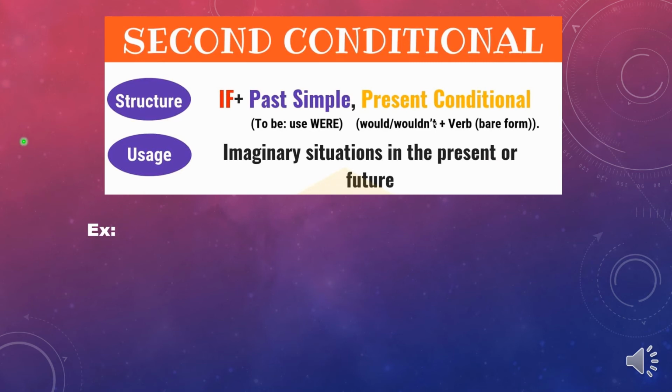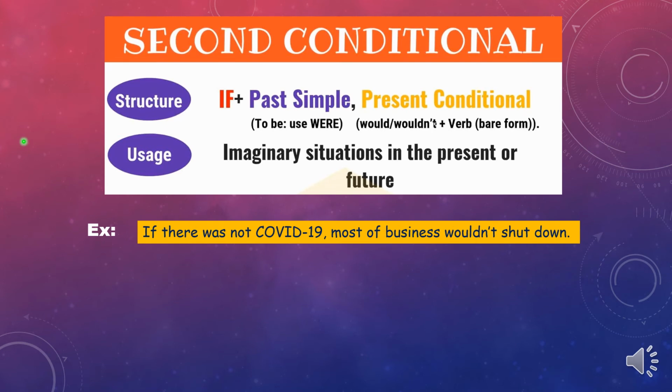So let's analyze each example. The first one is, if there was not COVID-19, most of business wouldn't shut down. Si no hubiera el COVID-19, la mayoría de negocios no hubiera cerrado. Okay? As you can see, you have the if clause here, okay?